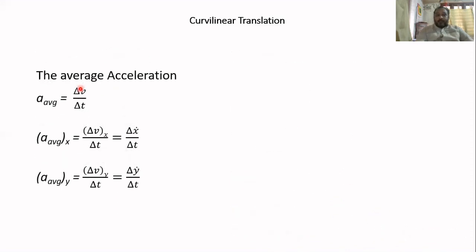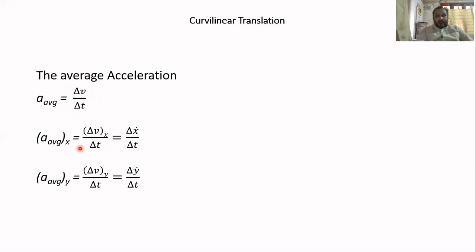Then the average acceleration, similar to rectilinear motion, is the change in velocity divided by the change in time.